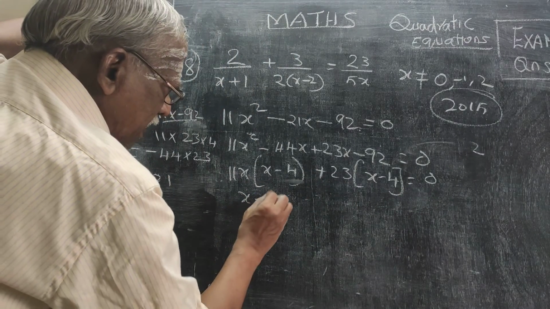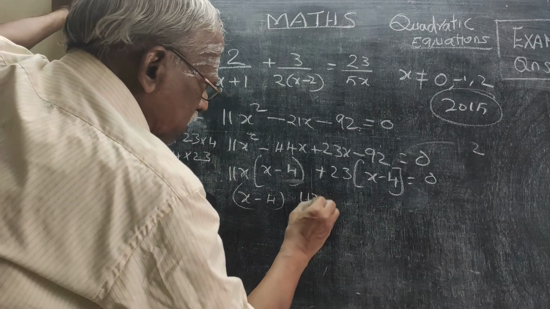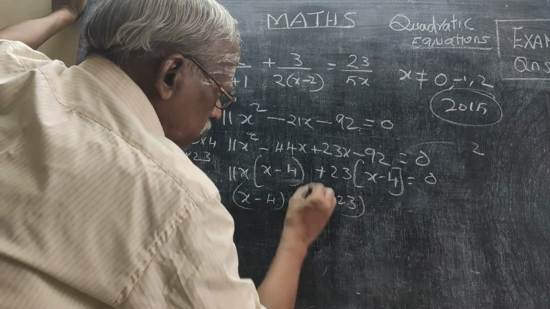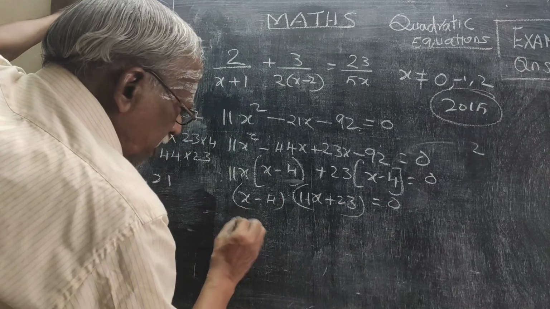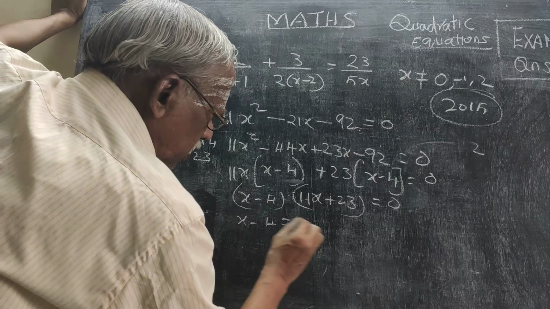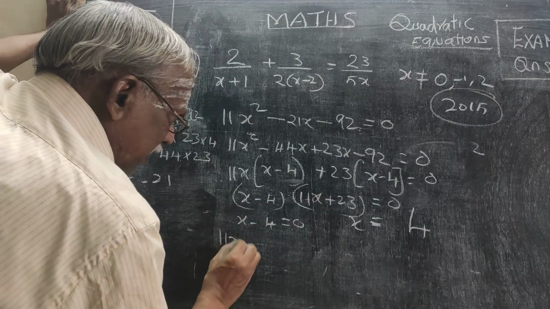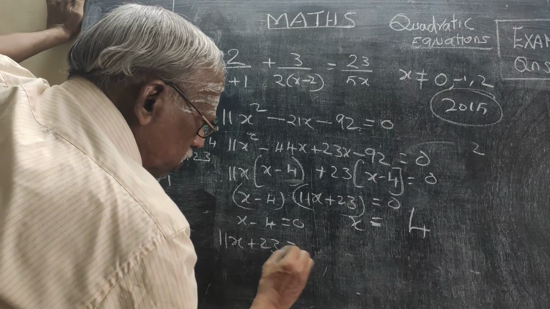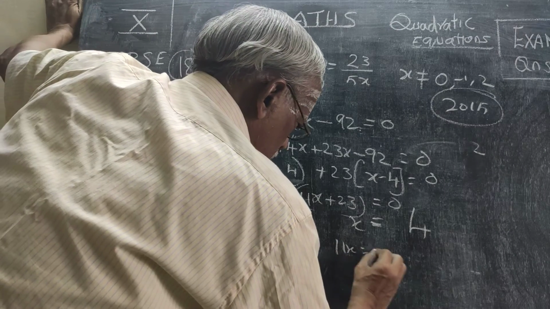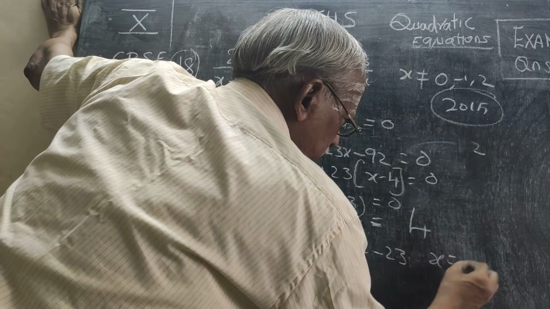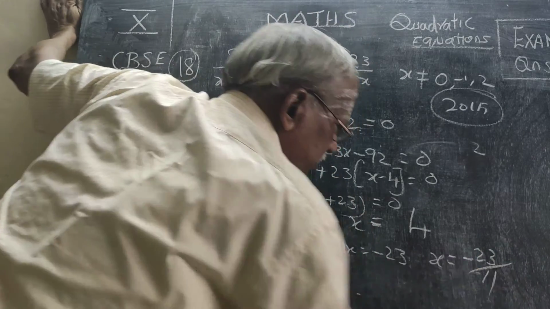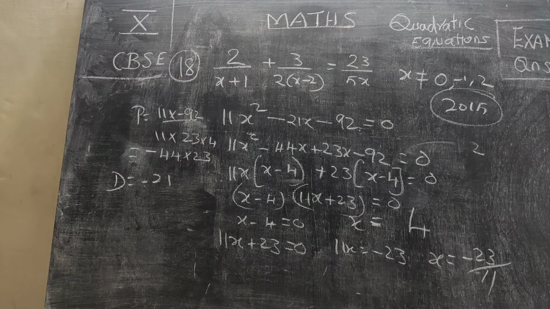So you get the answer x minus 4 into 11x plus 23 equal to 0, which means that x minus 4 equal to 0, that is x equal to 4. 11x plus 23 is 0, therefore 11x equal to minus 23, so x equal to minus 23 by 11. We have solved the equation.